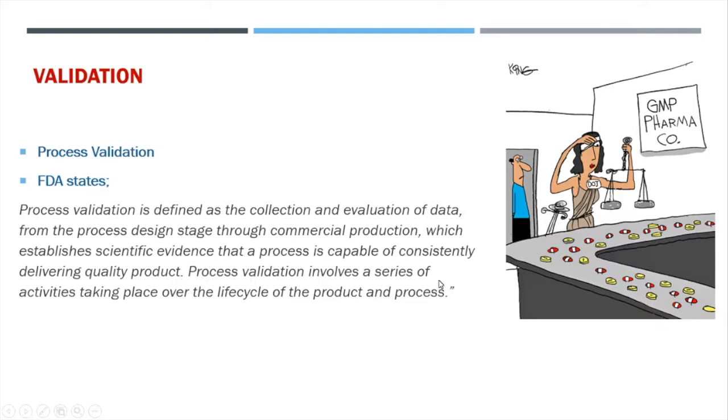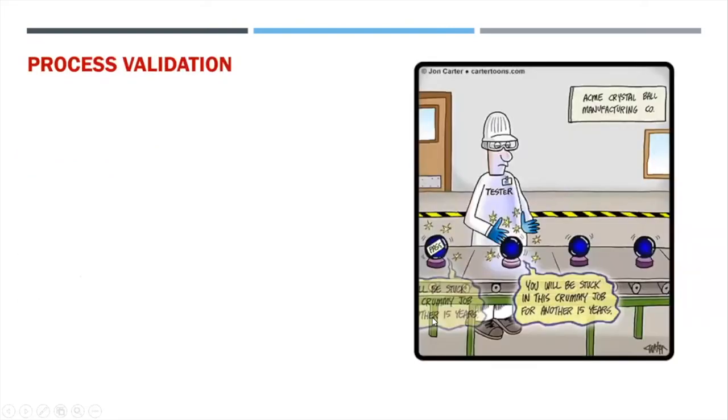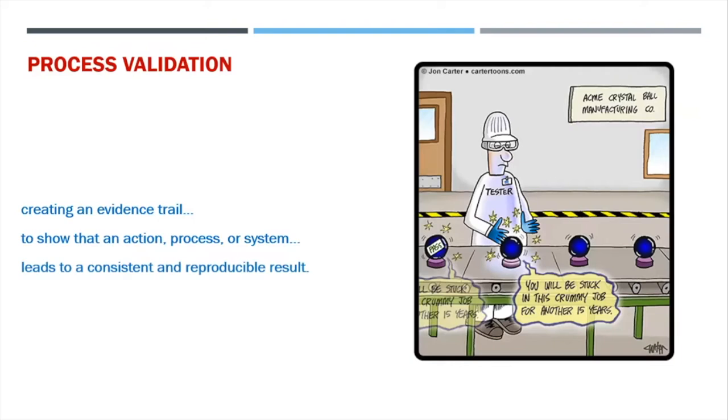Process validation involves a series of activities taking place over the life cycle of the product and process. That is process validation. Creating an evidence trail to show that an action, process, or system leads to consistent and reproducible results.